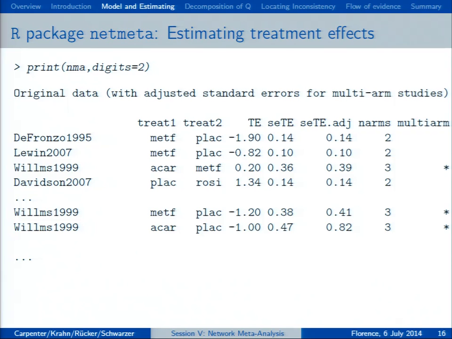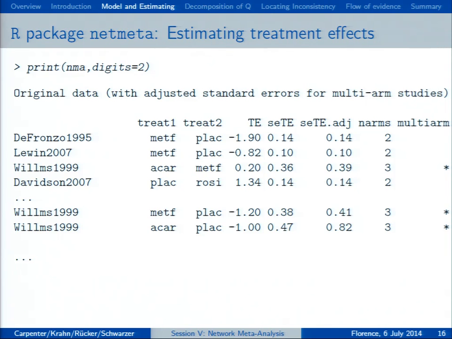Firstly, we see in the output the original data. We have also 1 row for each comparison of each study. So we have also here 3 rows for the 3-arm study. We have here the original data, the treatments that are compared in the study, the treatment effects, and the standard error of the treatment effect.